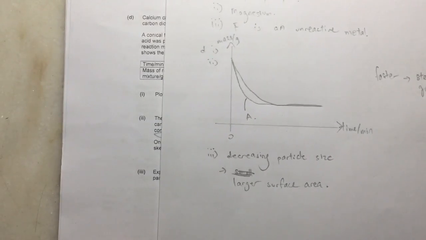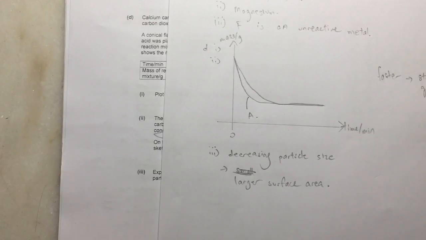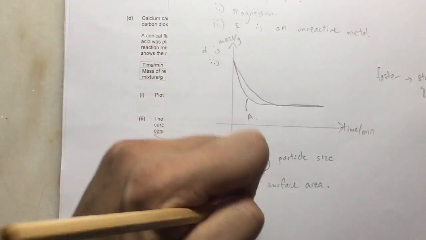Okay, decreasing particle size gives you larger surface area for collisions. For what kind of collisions?